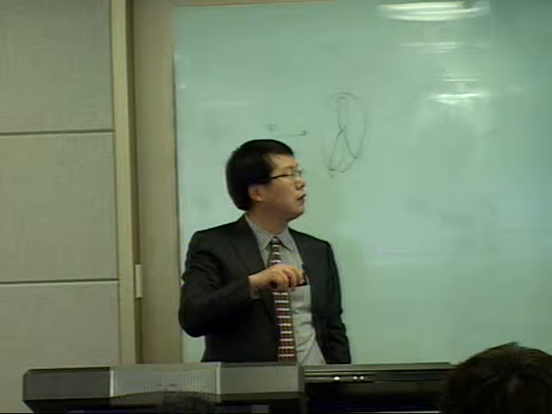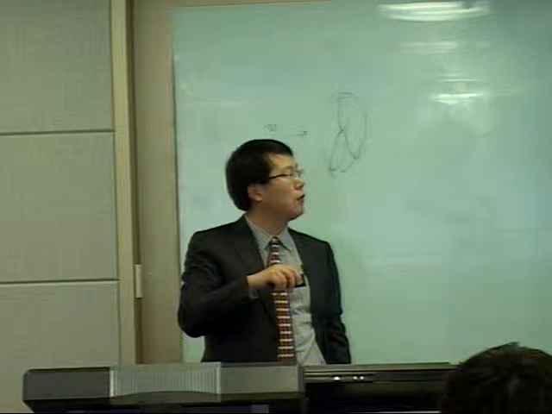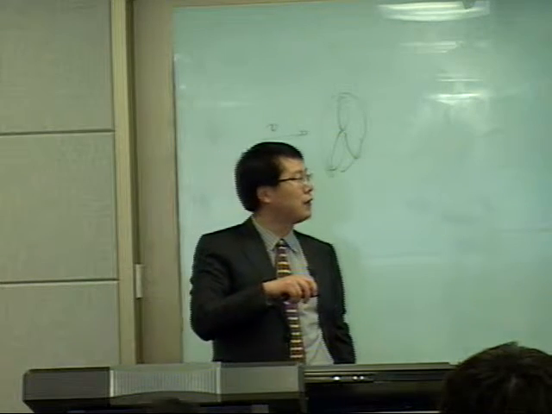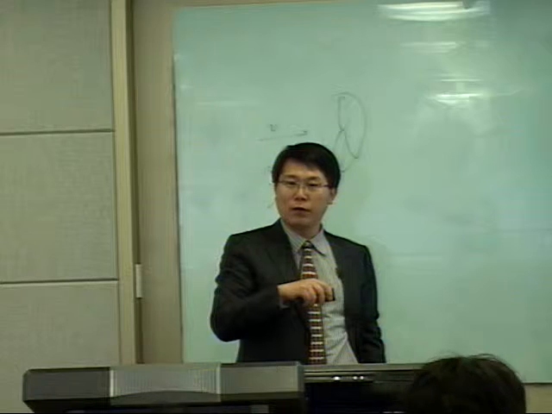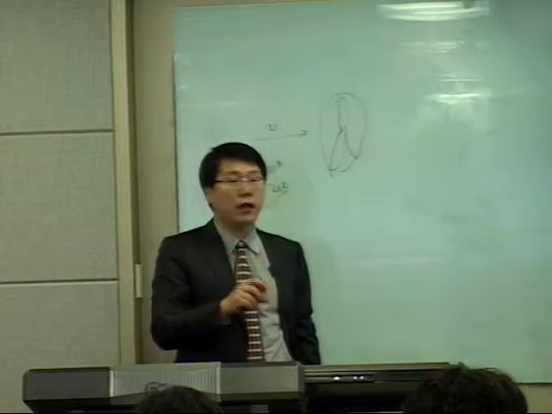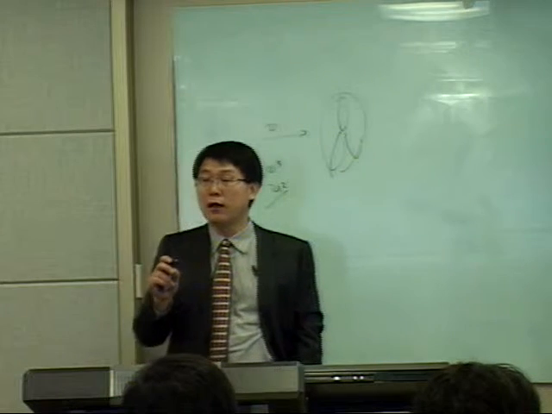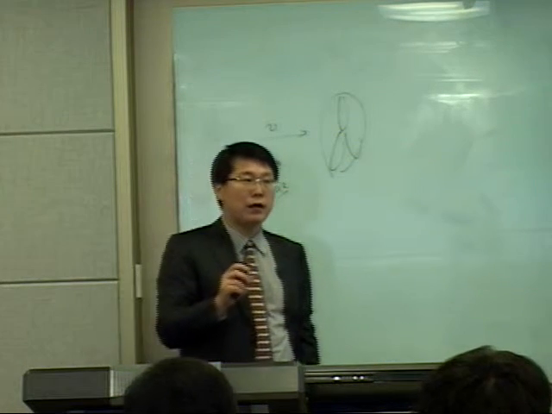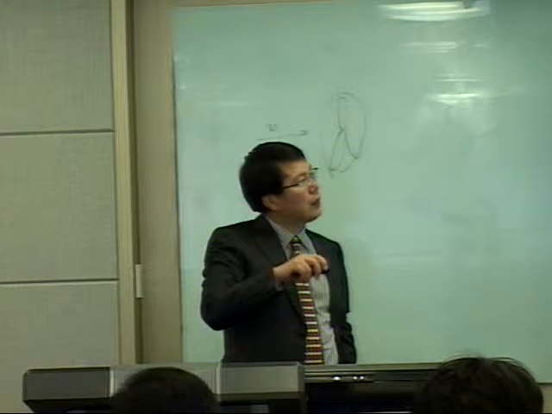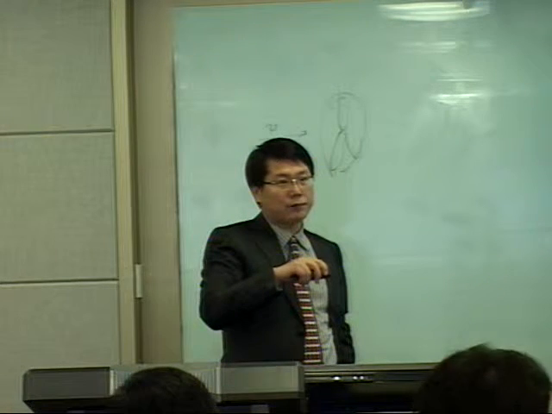The velocity is v, meters per sec, density is rho. So we can apply the same principle. So v is a vector.